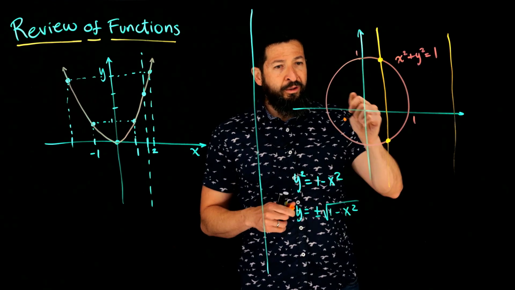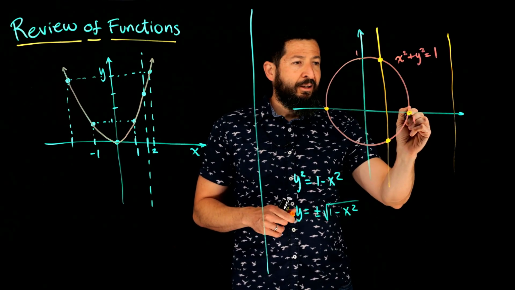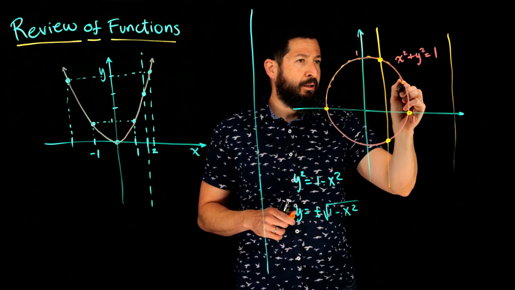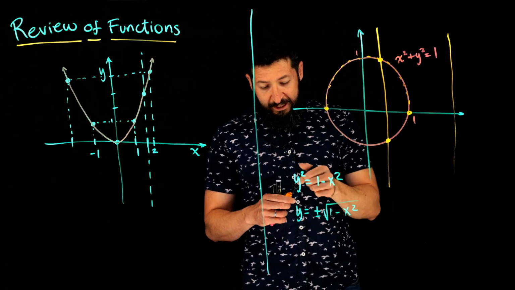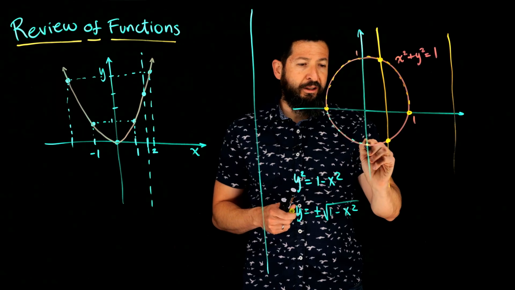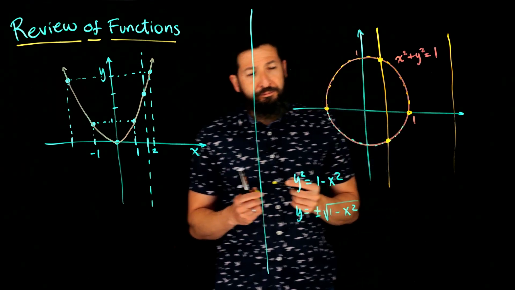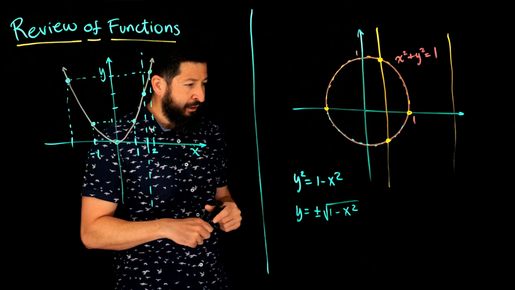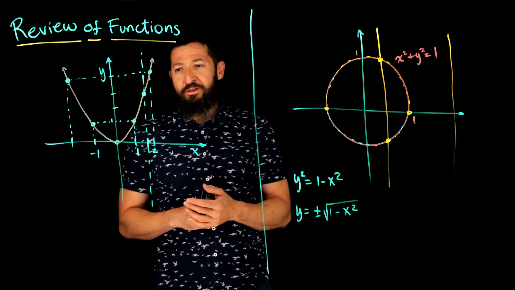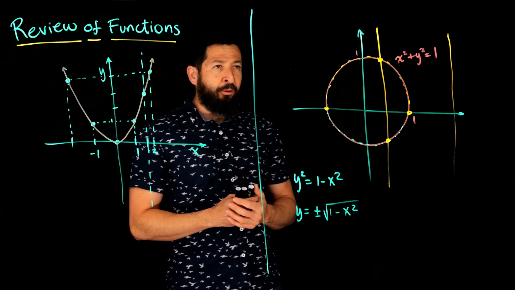One of them will be the positive square root, which is going to take all this upper semicircle, and then the negative, which is going to take the bottom part of the semicircle. So that couldn't be written as a function, but we could write it as two functions. Sometimes you cannot even solve it at all.